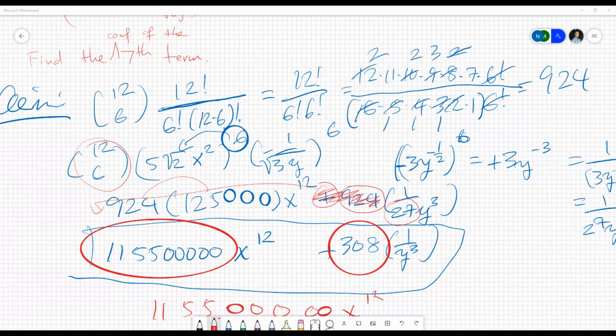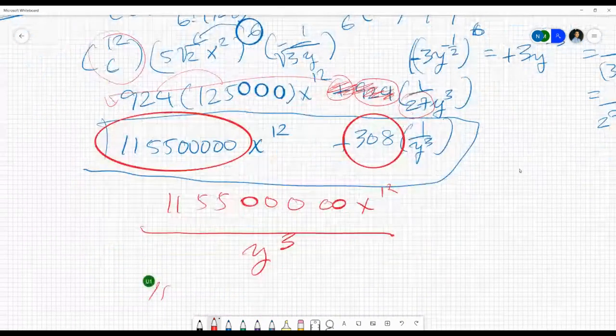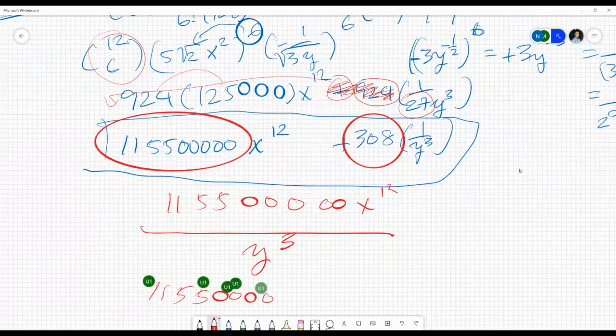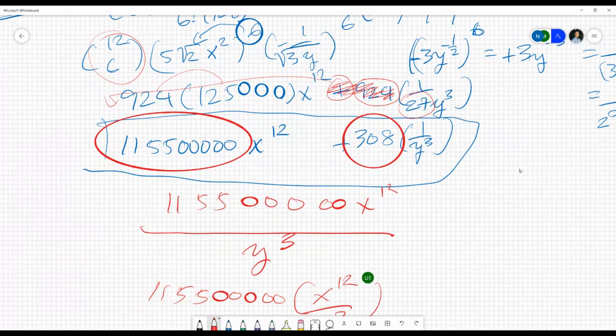And then if you want me to, I should separate the coefficients, right? So it would be that number times y to the third. And this would be your answer for the coefficients. Yes.